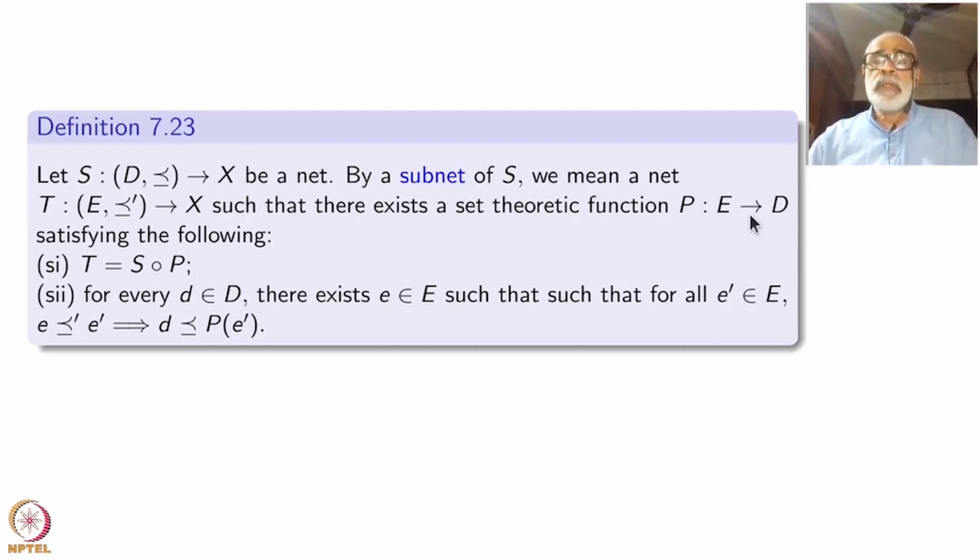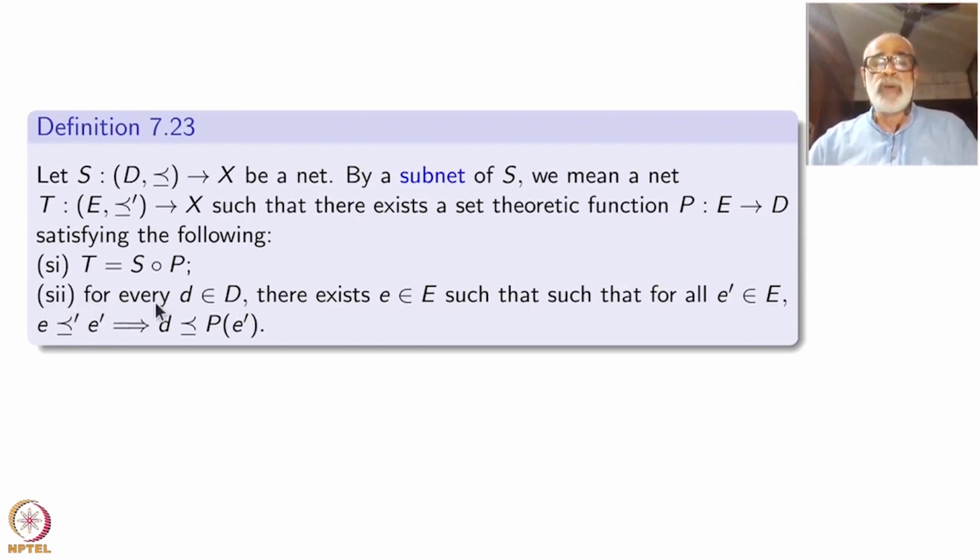Now, in the definition of a subsequence, we have an order preserving map here. That is replaced by a weaker condition here, S2. This S is for subnet, S2.